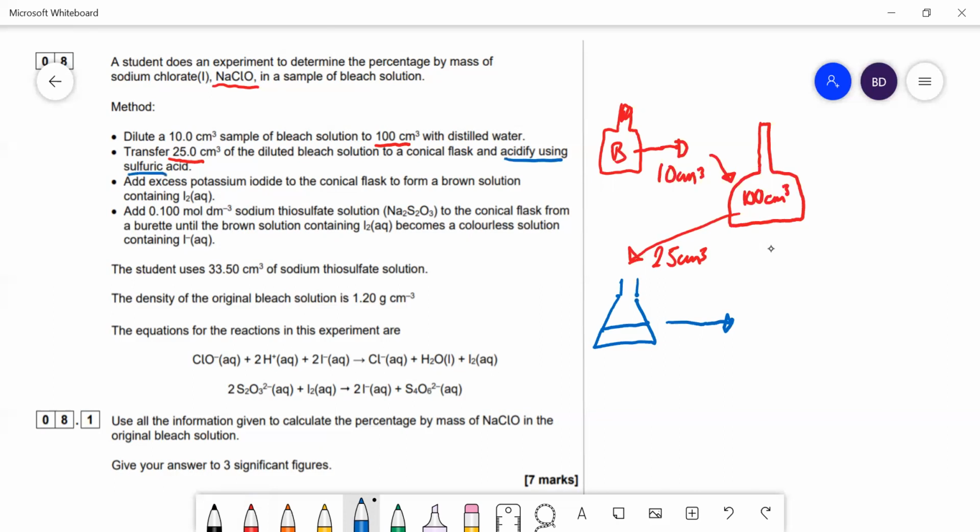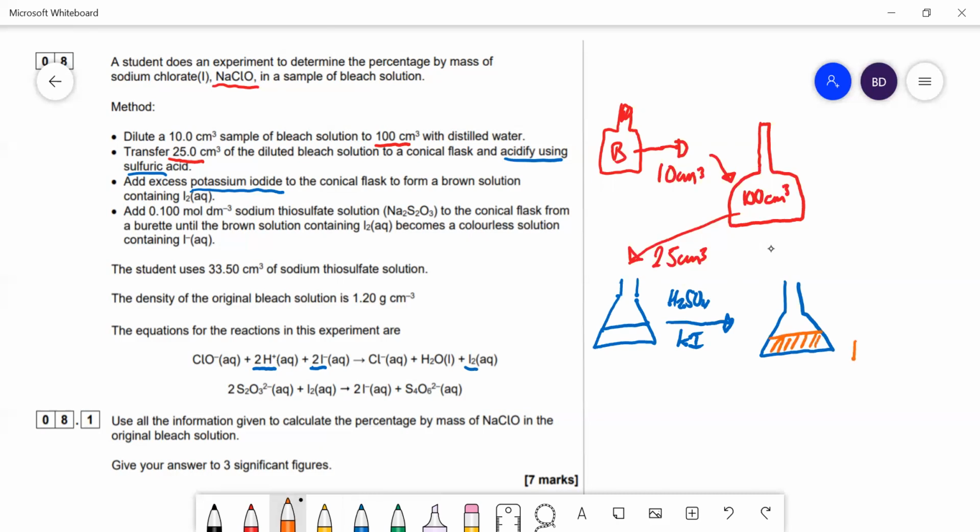The reason you need that is to provide these H+ ions here. Then you're going to add potassium iodide, and that's going to react to give us iodine in the flask. So we add H2SO4 and KI, an excess of them, and we end up with iodine, so the solution will go brown.